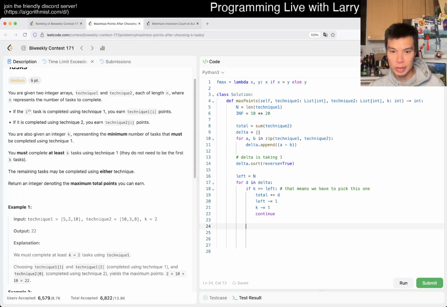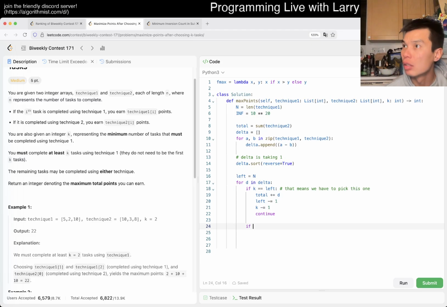So if, that means that if it's negative, we don't take it.